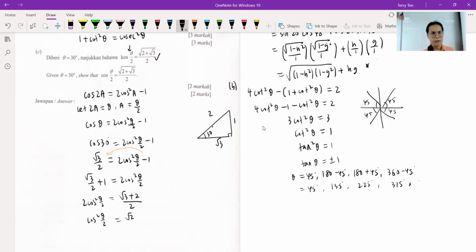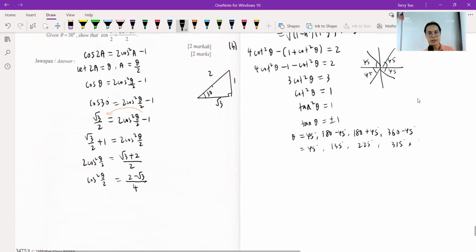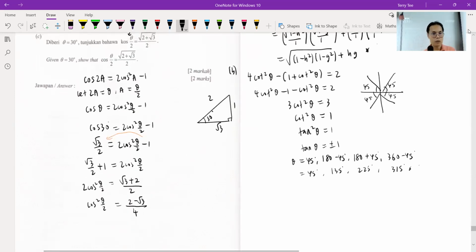Then I divide it by 2, so it becomes 2 plus root 3 over 4. Looking at the final answer, they put the 2 in front and the 3 at the back. So I just put the 2 in front, 3 at the back, and square root it. Okay, sorry, I'm going too fast here. This is over 4. Lastly, take the square root of this.